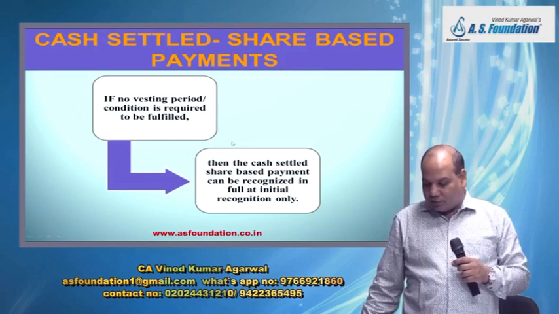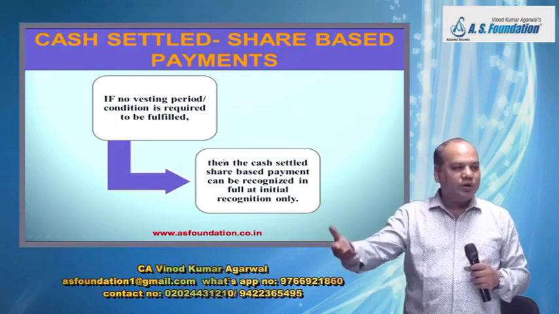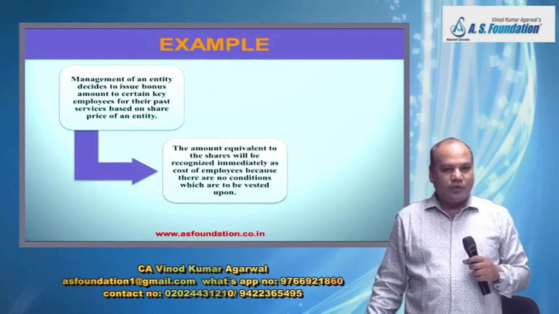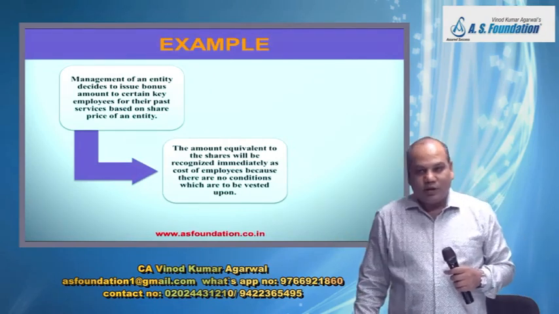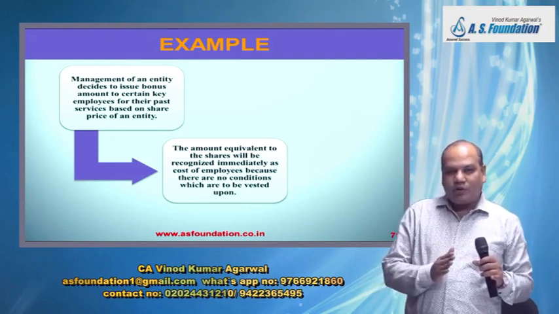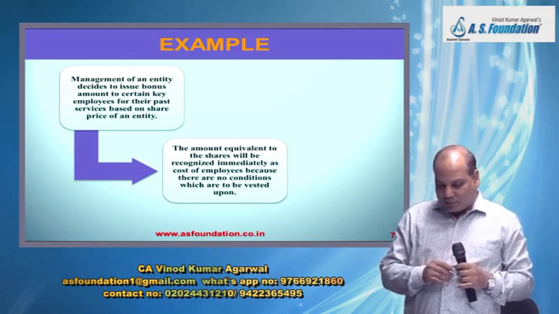The reason is simple for you to understand. He has already rendered the service. So there is no need to now amortize it in future period. But if he has to render some years of service, then it is amortized over the period of service, because then we are matching the service rendered with this expense.